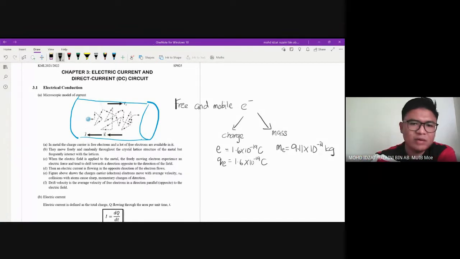Okay, so apa yang berlaku sebenarnya dalam kita punya metal di sini, when you apply the potential difference across the material atau across the metal, kamu ada potential difference, maka kamu akan mewujudkan electric field. Boleh?